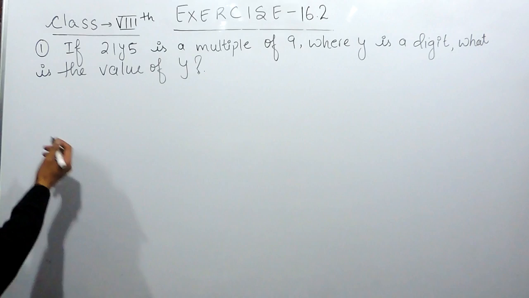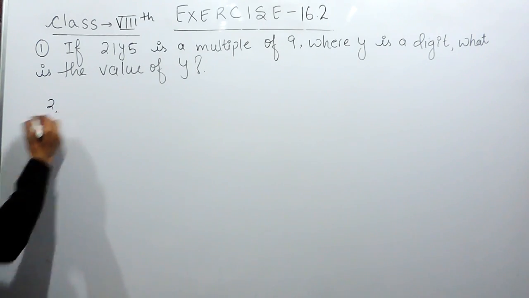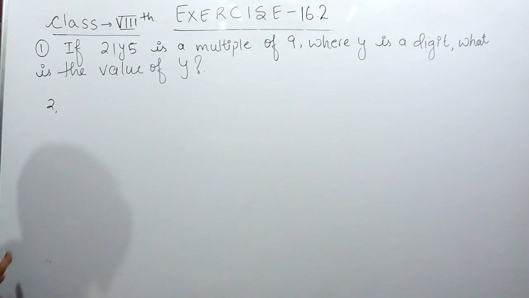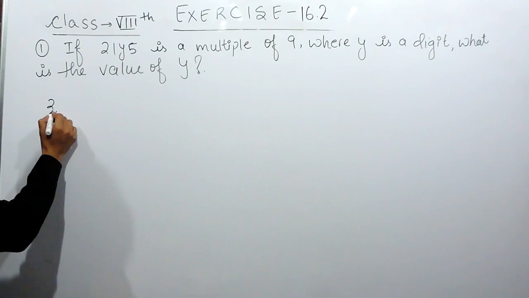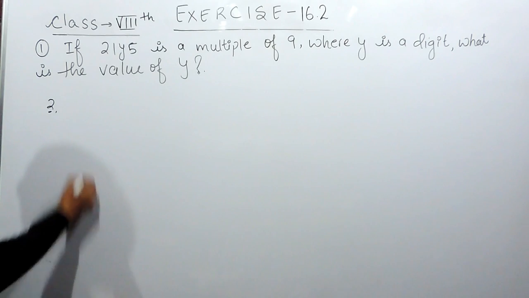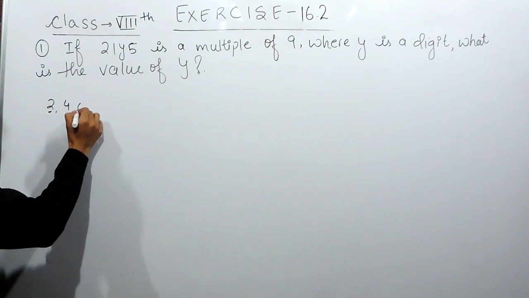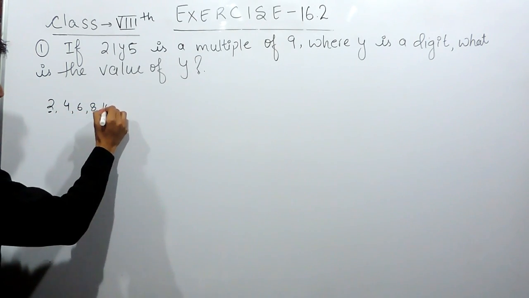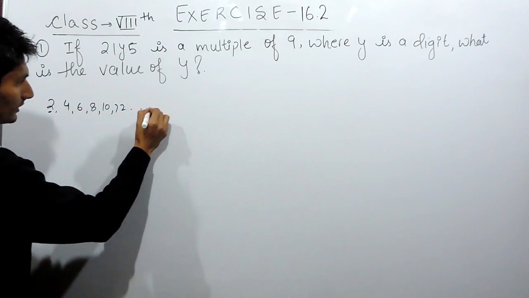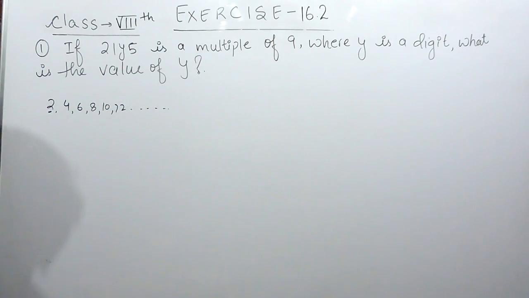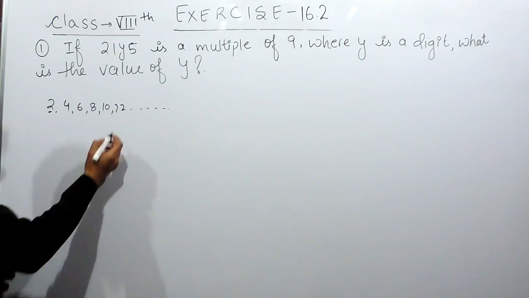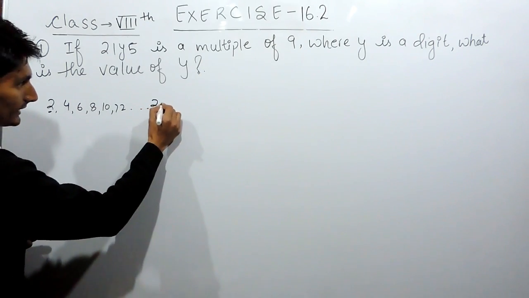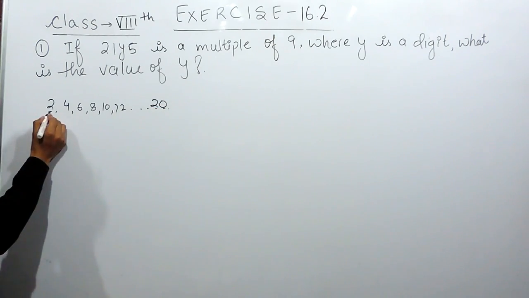If I am saying 2 is a number and I have to find the multiples of 2, it means I have to write the table of 2, that is 2, 4, 6, 8, 10, 12. These are the multiples of 2. Or in other words, 20 is a multiple of 2.